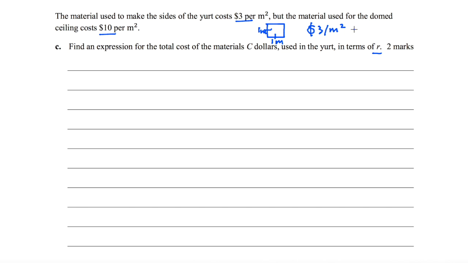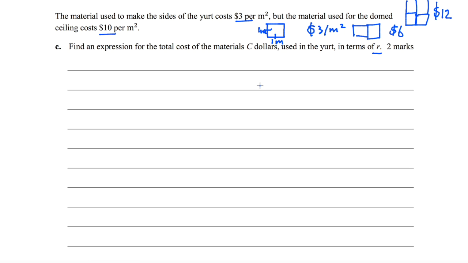So how much would it cost for 2 meters squared? Well, that's pretty obvious. It's $6. What about 4 meters squared? Well, as you can notice, all we're doing is multiplying by the amount of square meters we have to find out how much it costs. So in this case here, it'll be 3 times 4, which is $12.